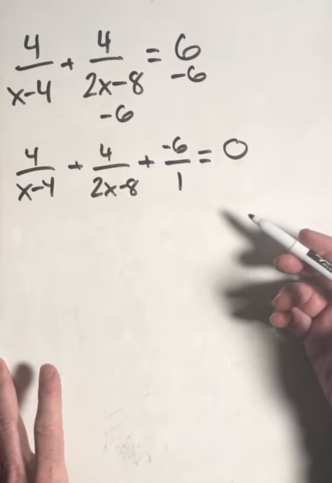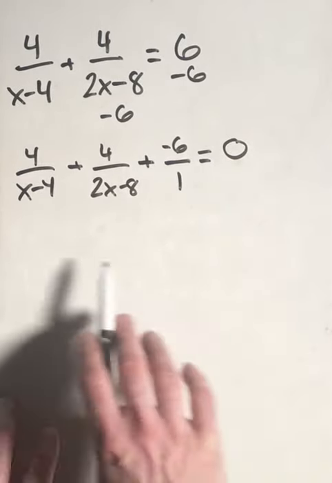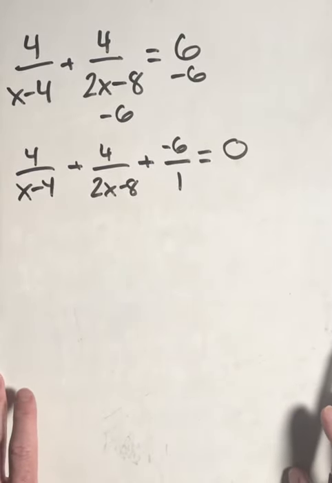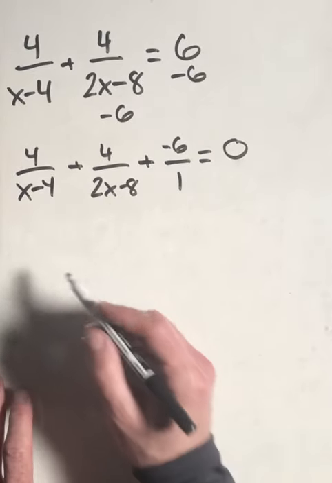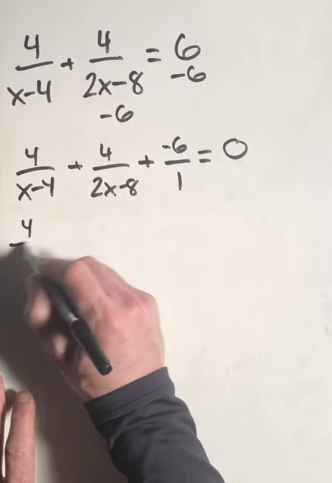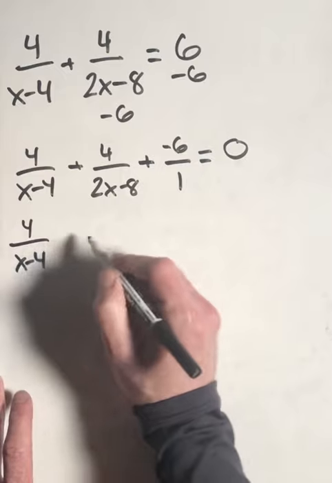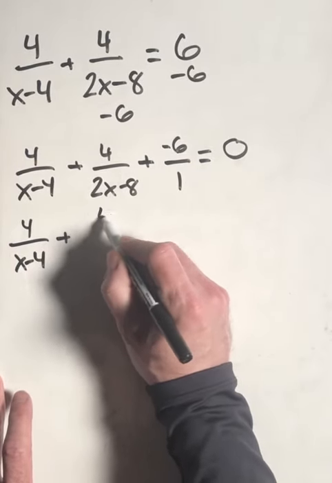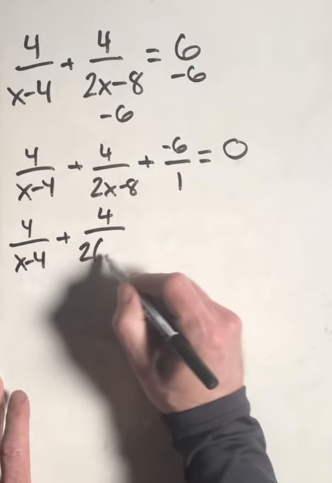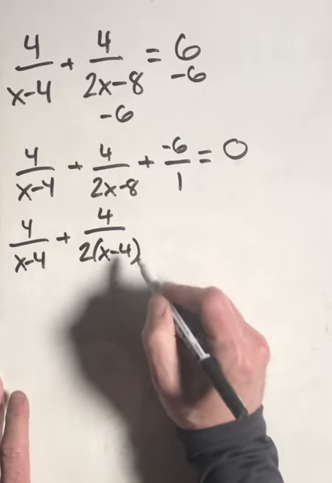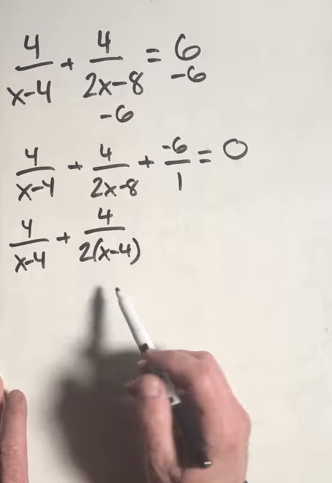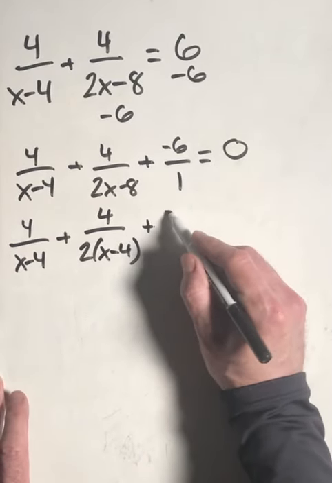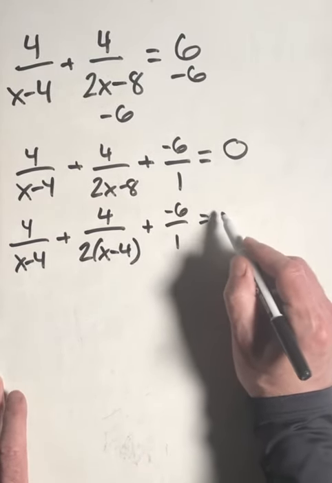Now we will have to re-express each of these using a common denominator. In order to find the common denominator, we're going to need to factor this expression first. So we can rewrite it as 4 over x minus 4 plus 4 over 2 parentheses x minus 4. So 2x minus 8 is really the same as 2 parentheses x minus 4, plus negative 6 over 1 equals 0.